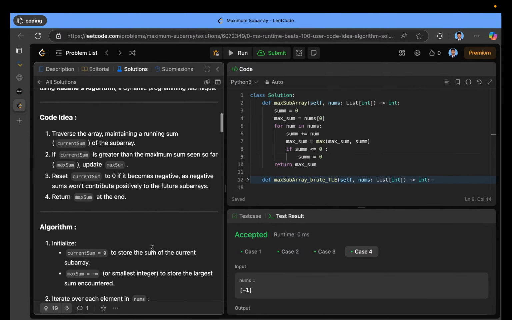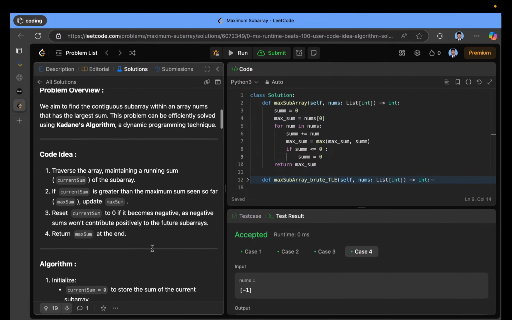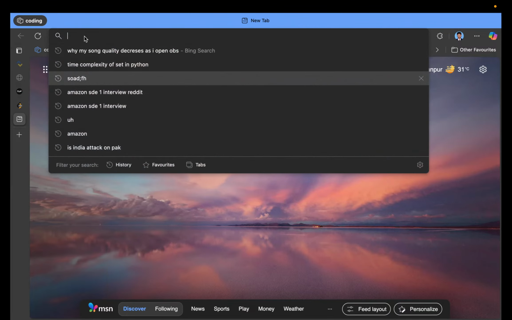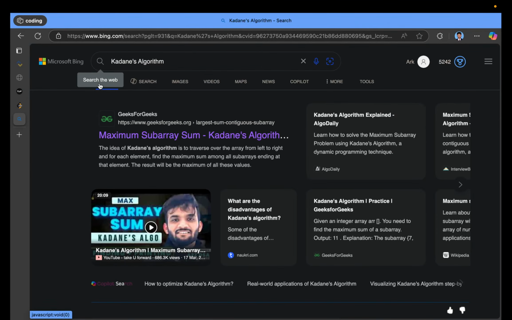Hmm, good idea. Which good idea is this? First of all, I want to see what Kadane's algorithm is. This word is coming again and again. What is this? Oh, hey yo. Hello, bro. Okay, okay.